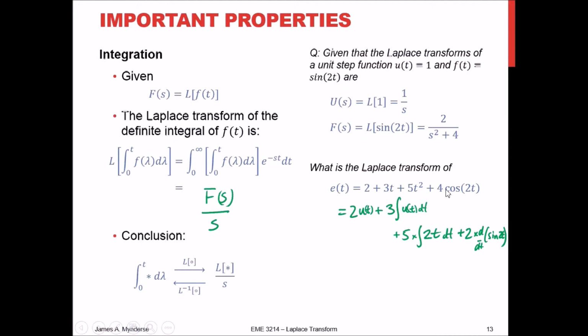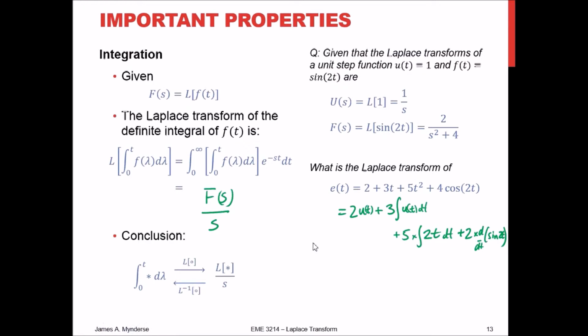And then finally, we have 4 times cosine of 2t. Well, 4 times cosine of 2t is related to sine of 2t. It's actually 2 times the derivative of sine of 2t with respect to time.